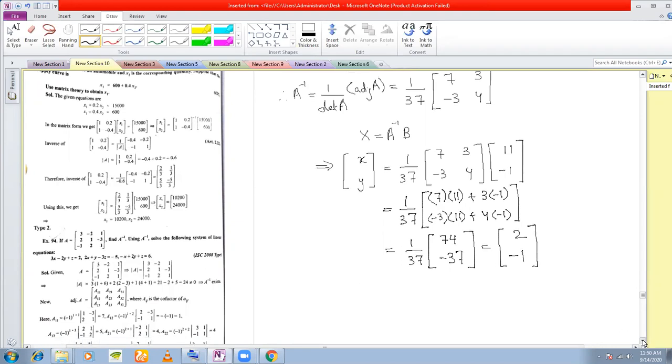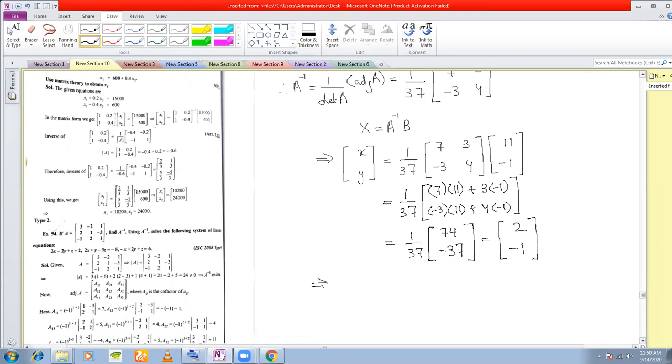Till this point, is it okay? Yes, sir. That means x, y you get as 2 minus 1. That means you get x is equal to 2 and you get y is equal to minus 1. This is your solution of this system. Okay, any questions? No, sir.